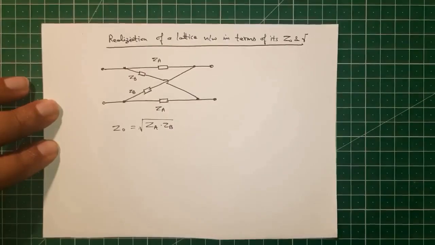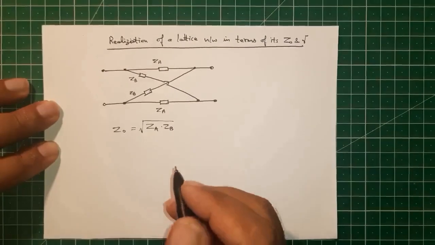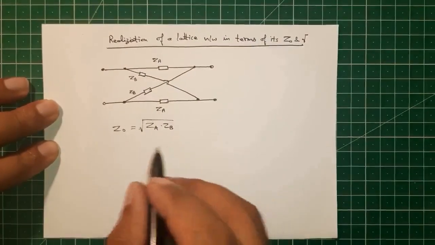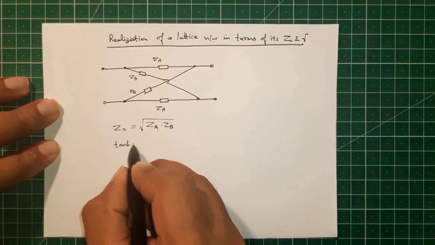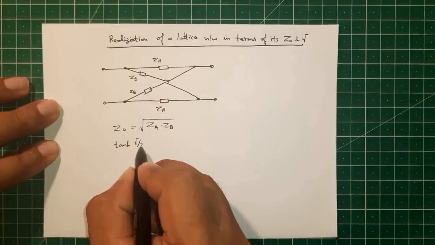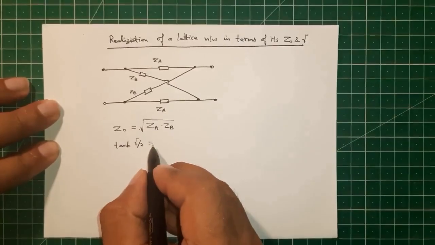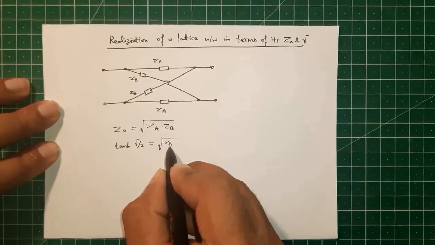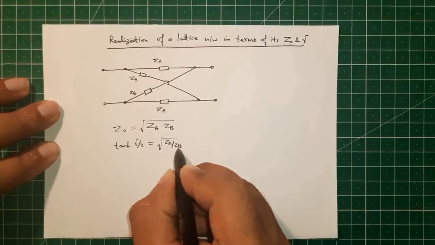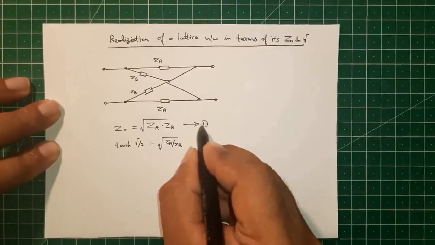Also we have written the propagation constant gamma as tanh gamma by 2 is equal to square root of ZA by ZB. So we have two equations, 1 and 2.